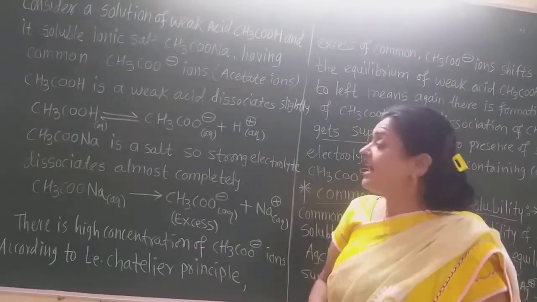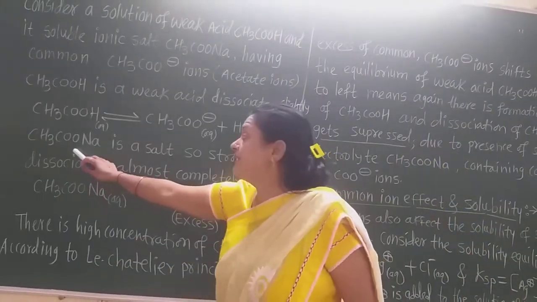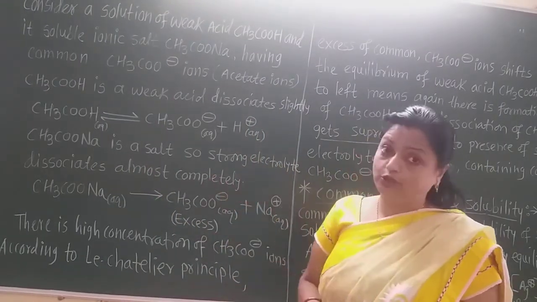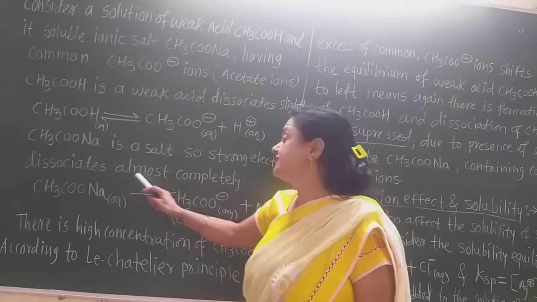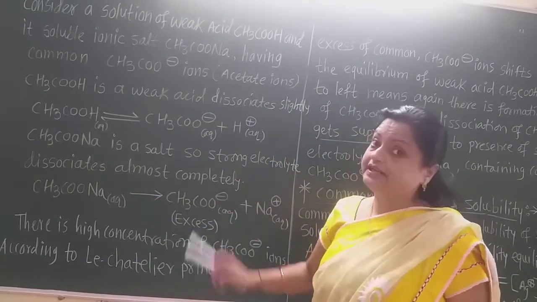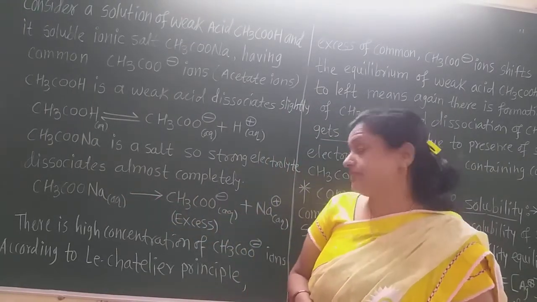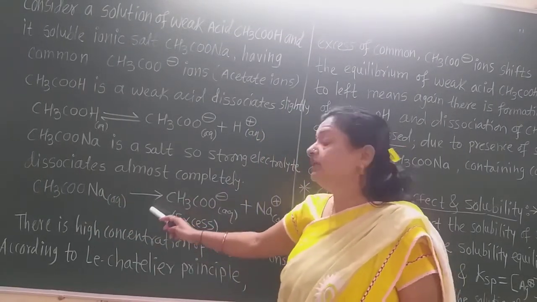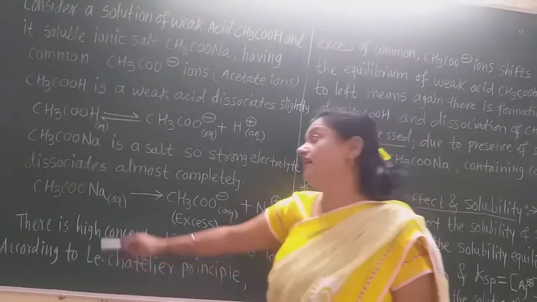Now if we add into that the sodium acetate, which is a salt, so it is a strong electrolyte, it dissociates almost completely, that is 100%. So sodium acetate ionizes with only a single-headed arrow, meaning 100% ionized.